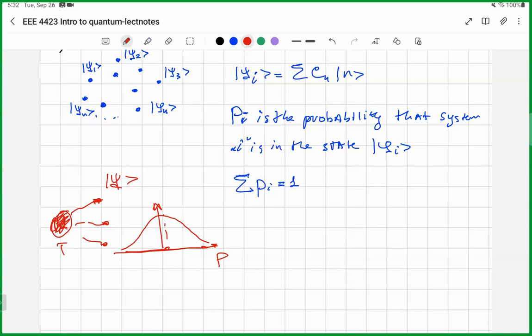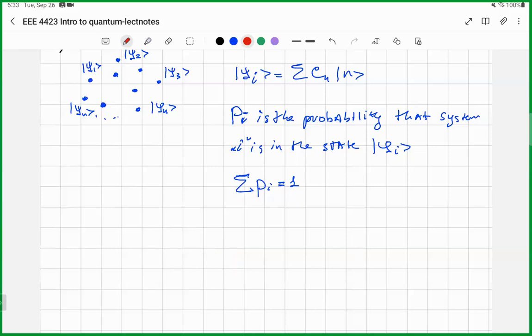But there is a classical probability, which is associated with the fact that we cannot predict with what momentum or velocity the electron is emitted from the source, or in which direction it's emitted, etc. So there are two probabilities here, and this P takes into account this classical probability.